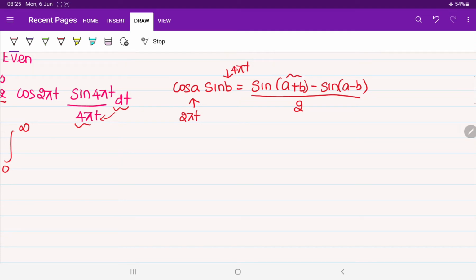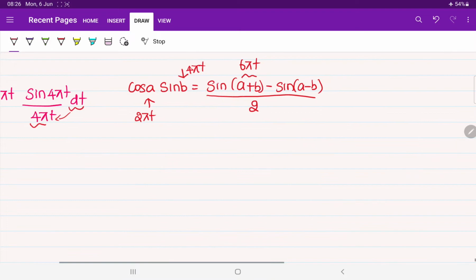So how will you substitute here? First, we add both: 2 pi t plus 4 pi t gives 6 pi t. Here the value of A is 2 pi t and the value of B is 4 pi t, so A minus B is 2 pi t minus 4 pi t, which gives minus 2 pi t. But sin of minus theta is equal to minus sin theta.